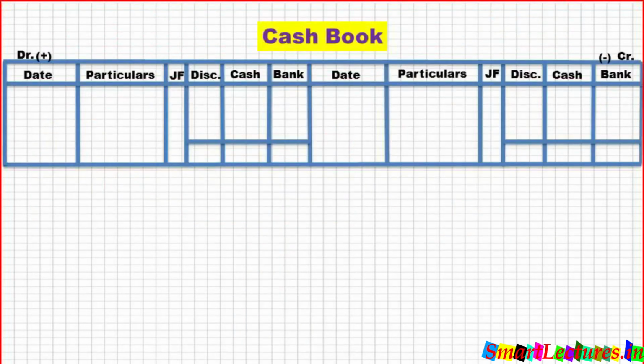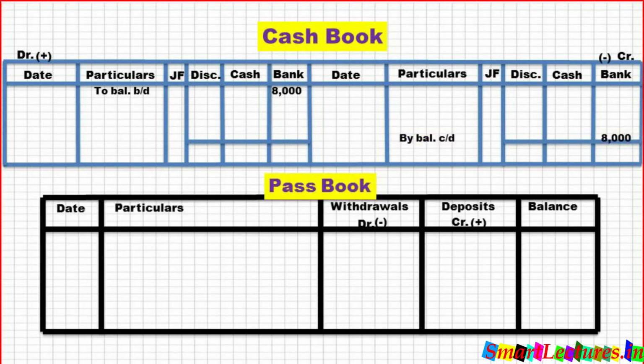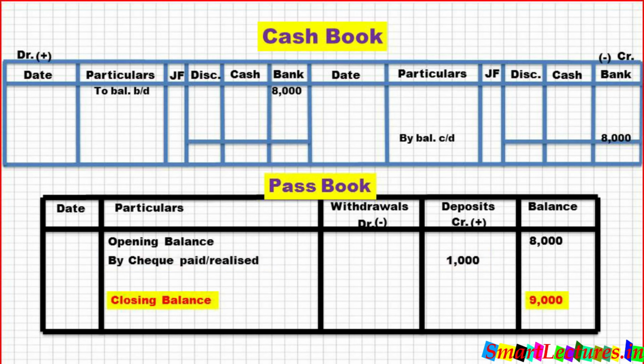The cash book shows opening balance 8000 and closing balance 8000, but the passbook shows opening balance plus 8000 and by check realized plus 1000, so the balance is plus 9000. This can be the reason for the difference, due to a mistake of the accountant of the firm.